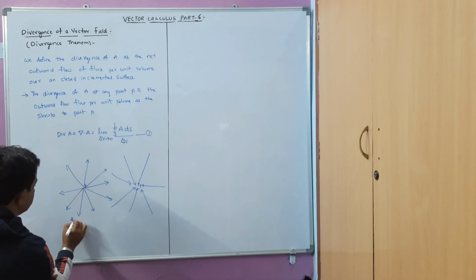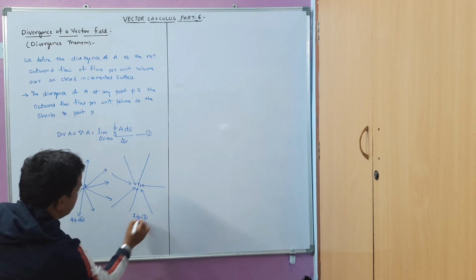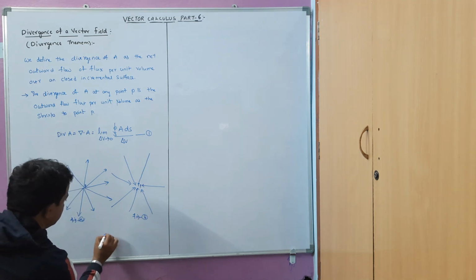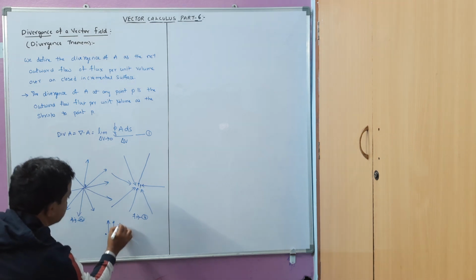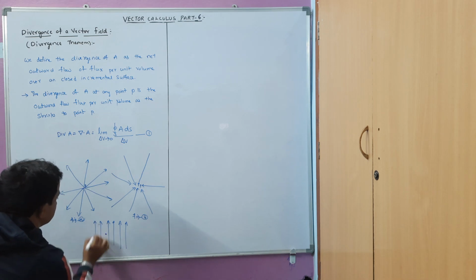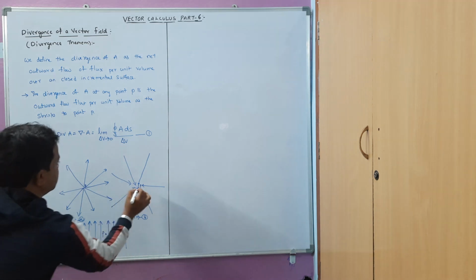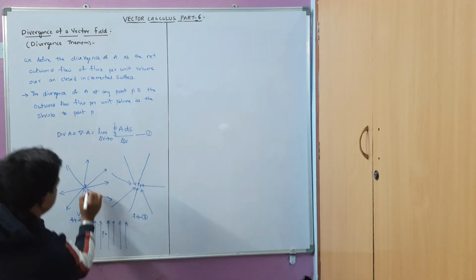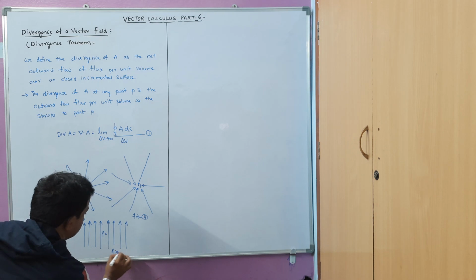Let us take this as figure A and this as figure B, and another one, where the point P is here and all the flux lines are moving like this, as figure C.